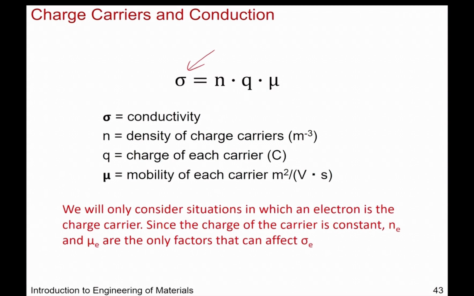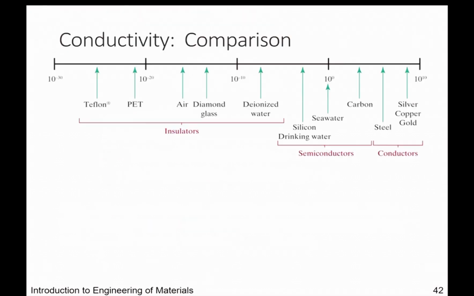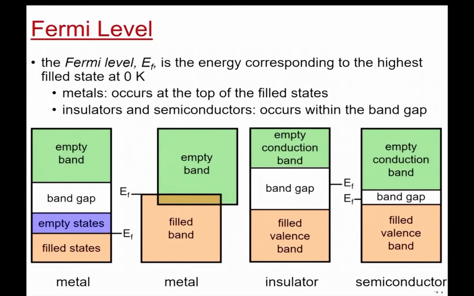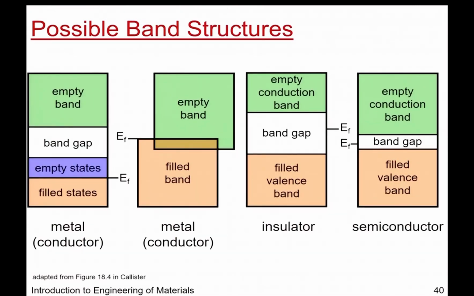So you can increase it by like 1,000 times just by adding in some small number of dopants. I want to go over band gap and band structures to review so that we're all familiar again.